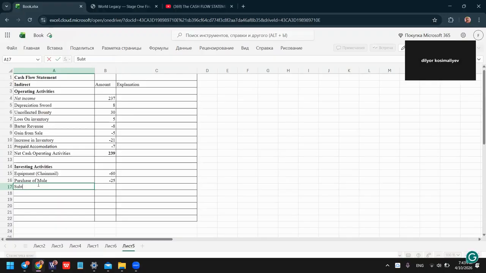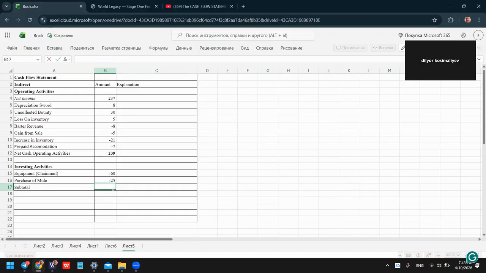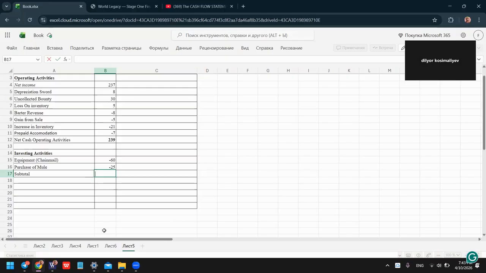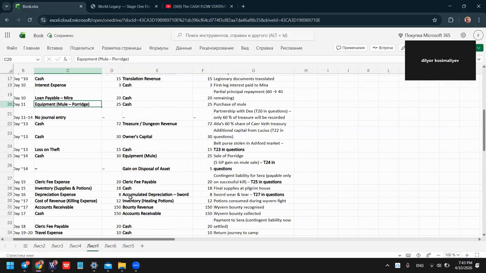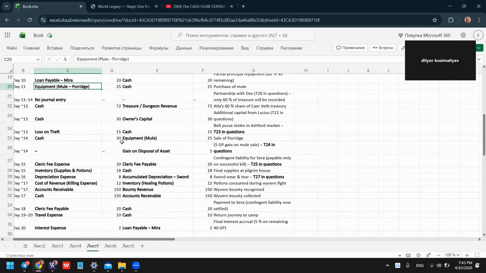So subtotal. Subtotal is... 2007. Yeah, we actually sold it.